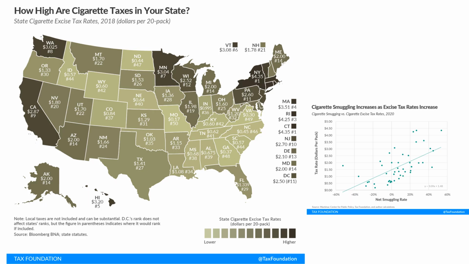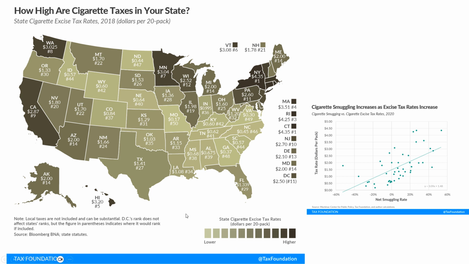Cigarette taxes, another interesting figure because it just varies so much. New York, for example, in addition to the federal tax of about $1 per pack, the state tax is $4.35. So even before you're paying for the cigarettes itself, just the tax is $5.36 in the state of New York.